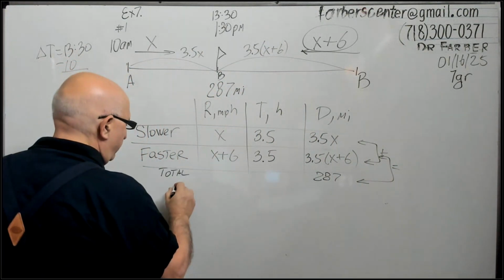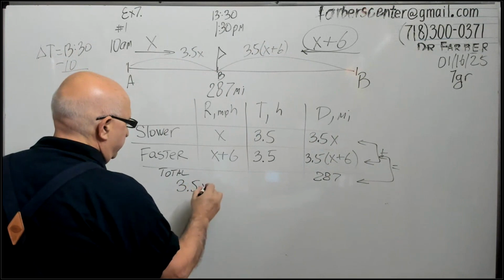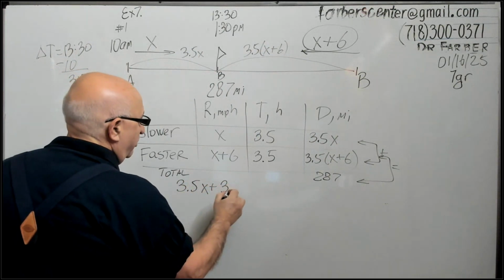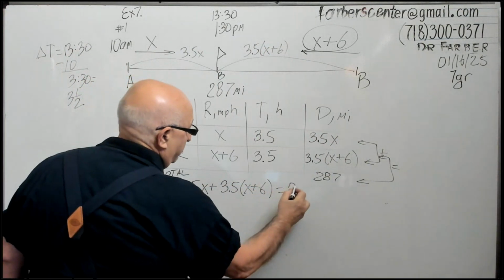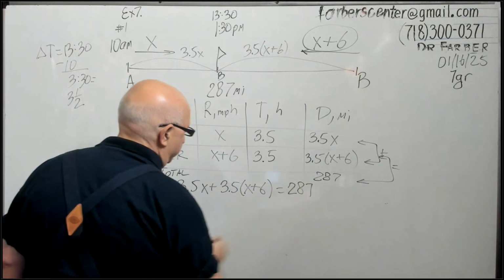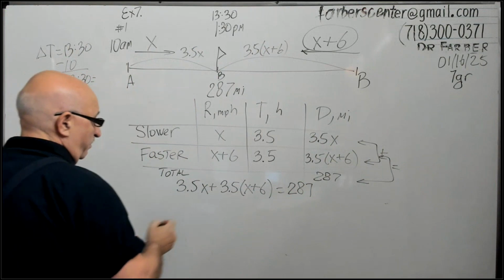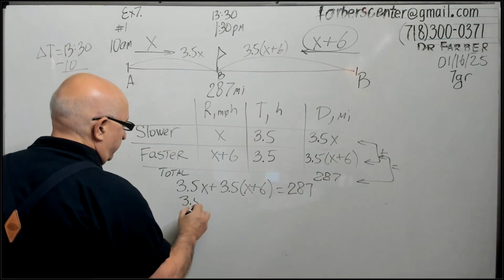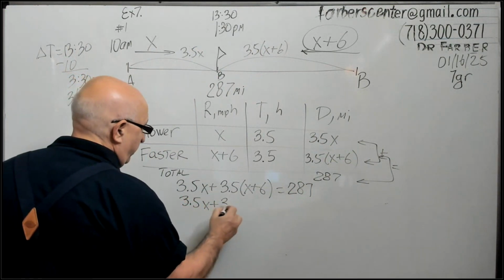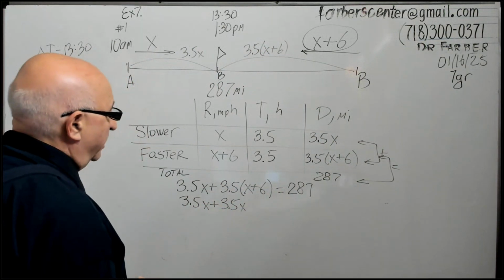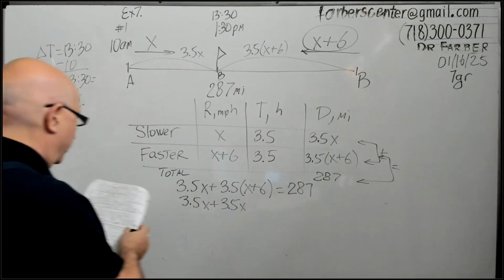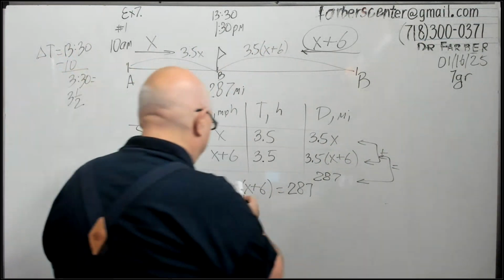So 3.5x plus 3.5 times x plus 6 equals 287. We have 3.5x plus 3.5x, and 3.5 times 6 is 21, right?